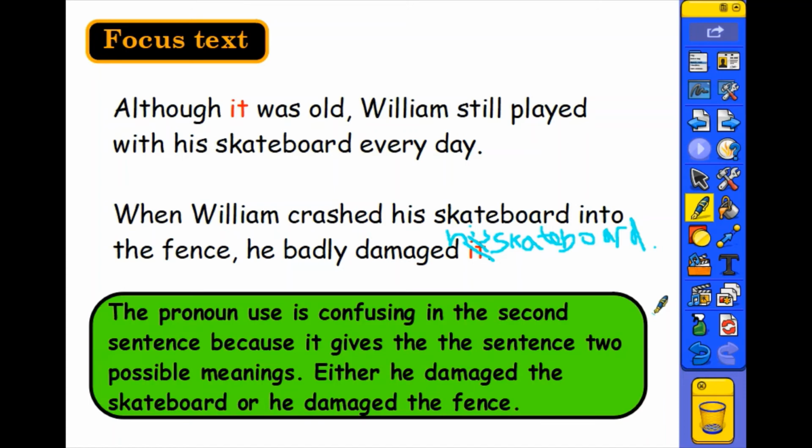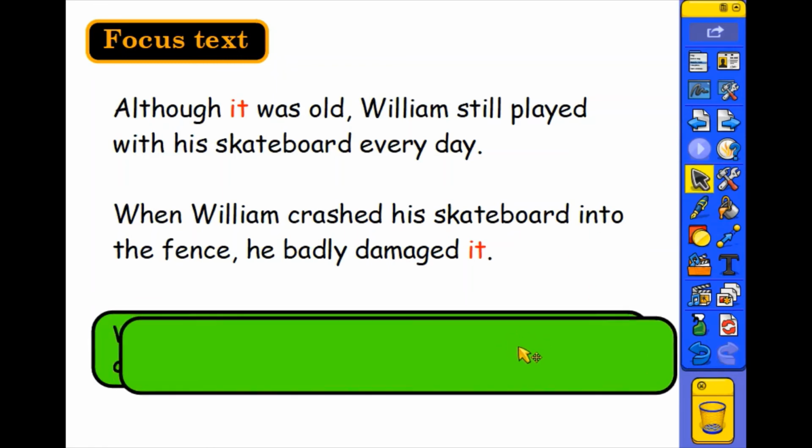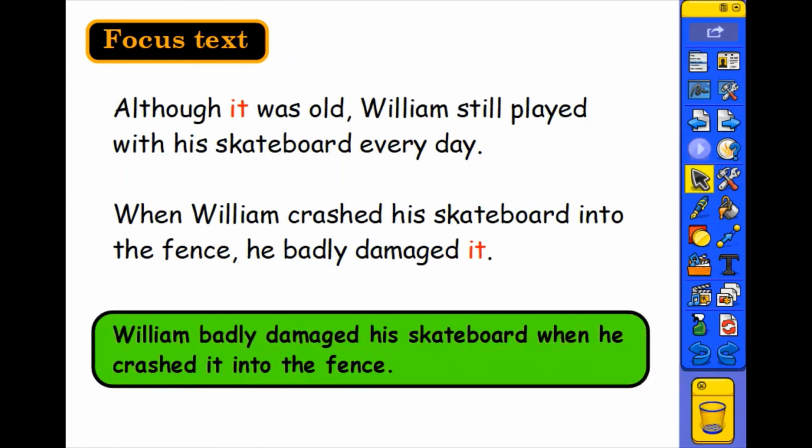So what else could we do? Well, let's have a look at this. We could look at the sentence again and try to rewrite it. We could think about the order of that sentence. So instead of saying when William crashed his skateboard into the fence, he badly damaged it, and we're ambiguous about that, I've changed this sentence now.